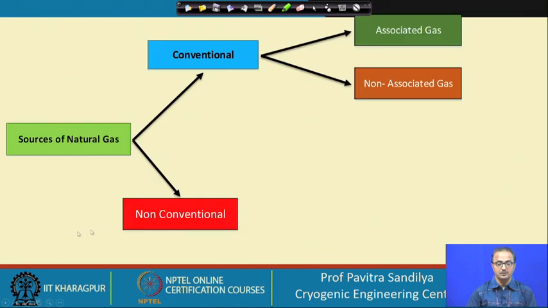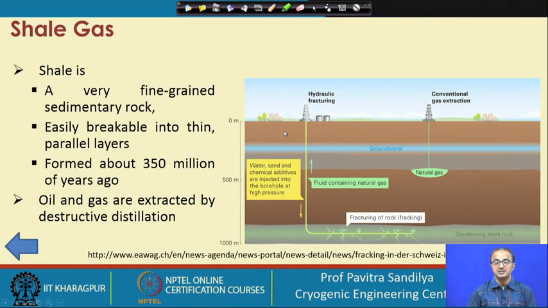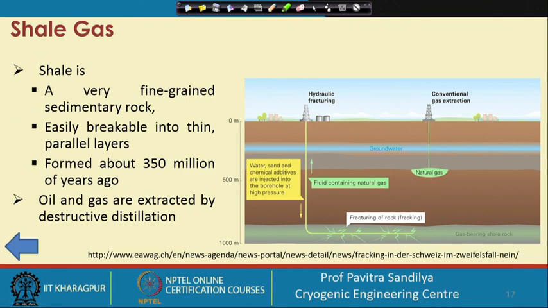Then we come to the non-conventional sources of natural gas. Here first we have the shale gas. The shale gas is being developed by many companies. What we mean by shale is that shale is a fine grained sedimentary rock, and as we see in this particular figure, these rocks exist quite far below the land, and they are easily breakable.